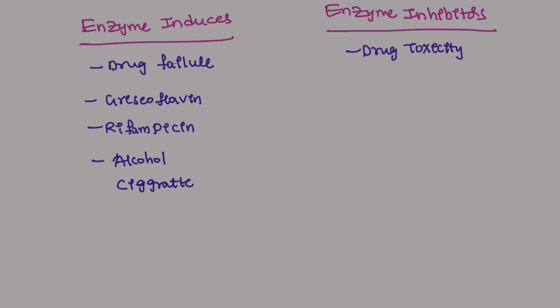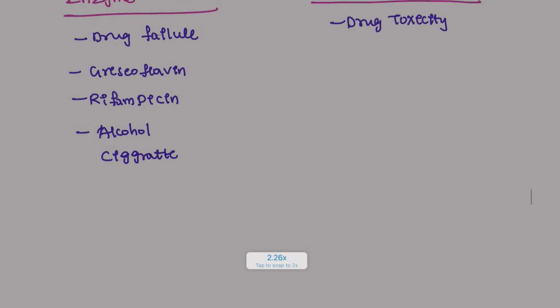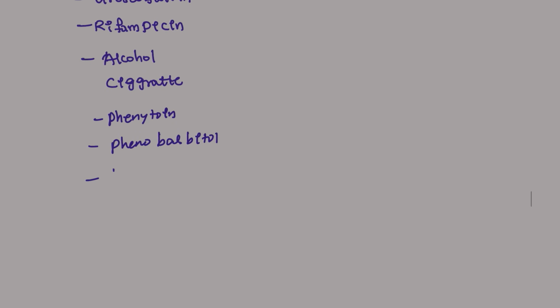So the drugs that you can remember as inducers are griseofulvin, rifampicin, bad habits like alcohol and cigarette, phenytoin, phenobarbital, and carbamazepine.